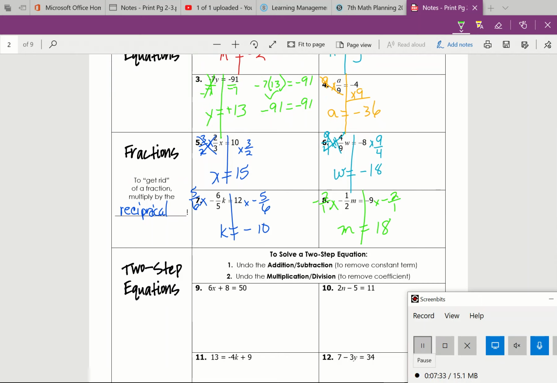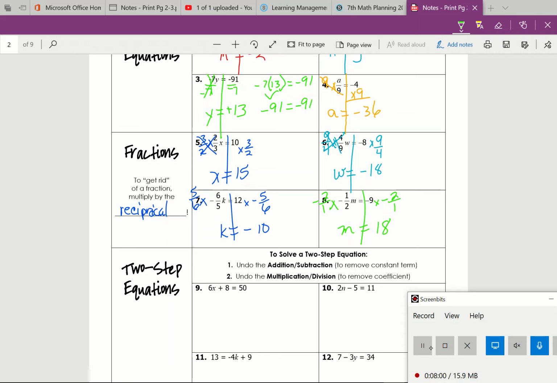Okay, so if you're not done, you need to pause, do number 7 and 8. If you're listening, it's because you did number 7 and 8 on your own. So if you completed 7 and 8, you can see that instead of multiplying by 6/5, I multiplied by 5/6.